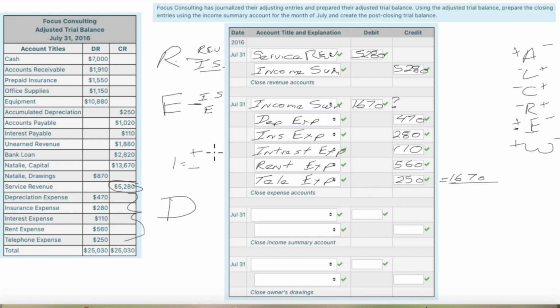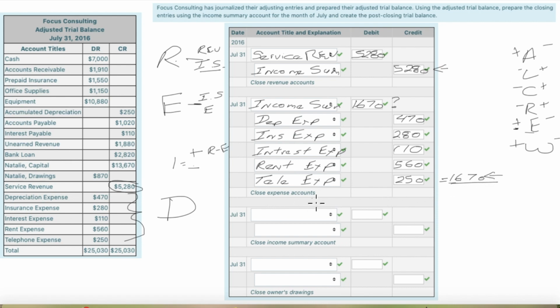it's revenue minus expenses, right? Well, do we have revenue? We do. It's right here, 5280. And do we have expenses? We do. We know what they are right here. So these are expenses.